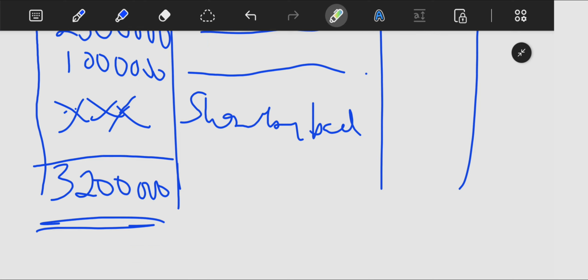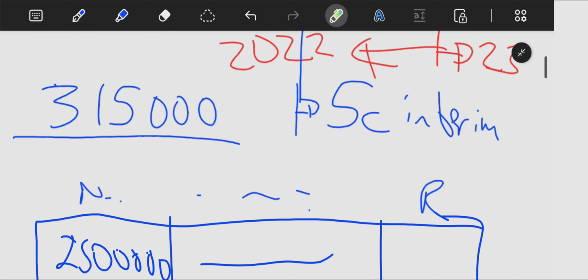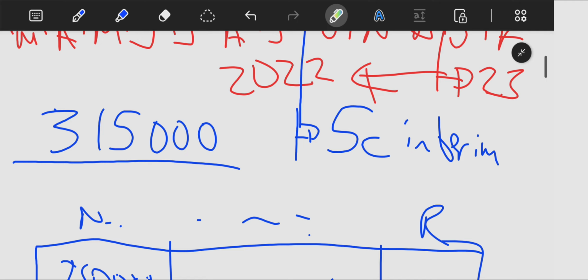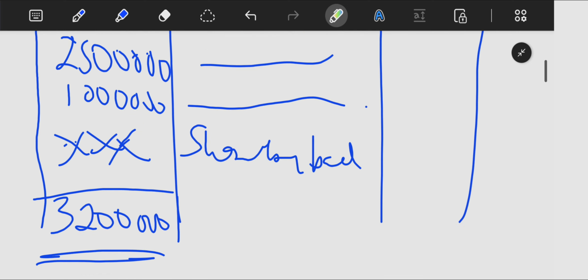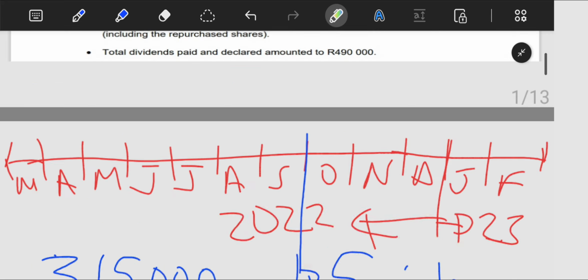Because we need the number of shares at the end of the year, so that we know how much we are going to put here. So we get a dividend per share. Right. Am I going to take the 3,200? No. Why am I saying this?